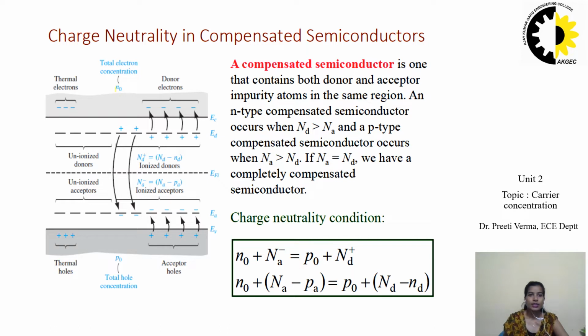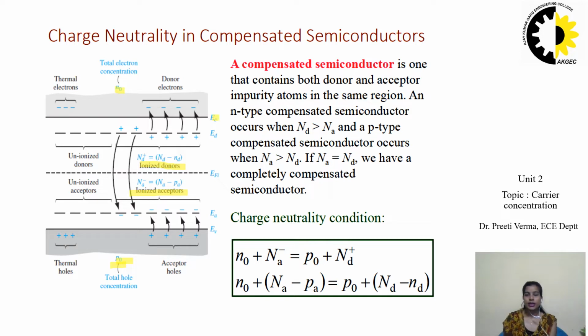In the diagram, n naught is the total electron concentration, and p naught is the hole concentration; we have already seen in our previous discussions that n naught and p naught represent the concentration of electrons and holes at equilibrium. Small nd represents unionized donor ions, and Nd plus, equal to Nd minus small nd, are the ionized donors. Similarly, ionized acceptors are represented as Na minus, equal to Na minus Pa.